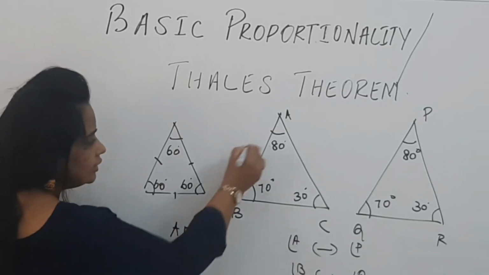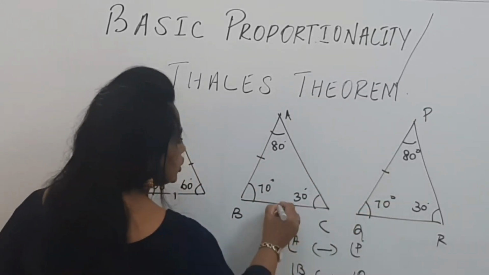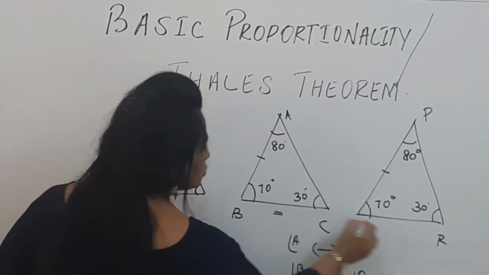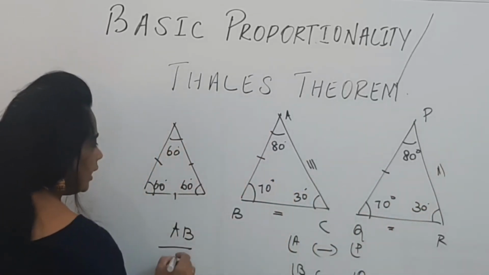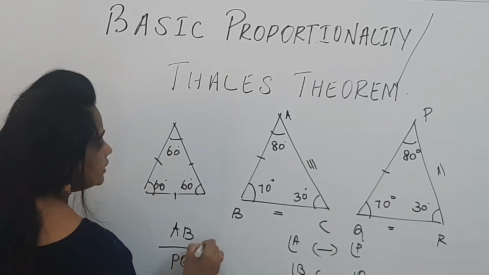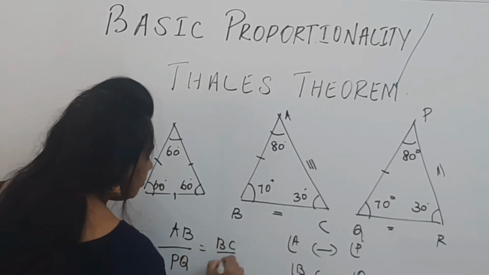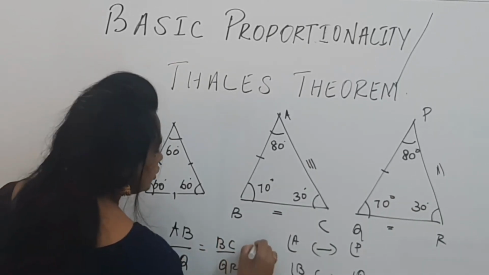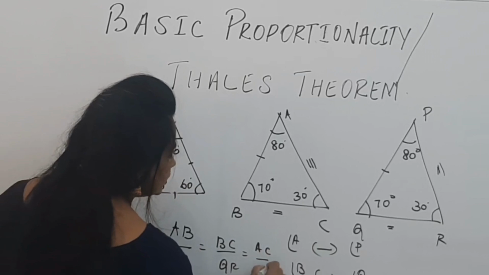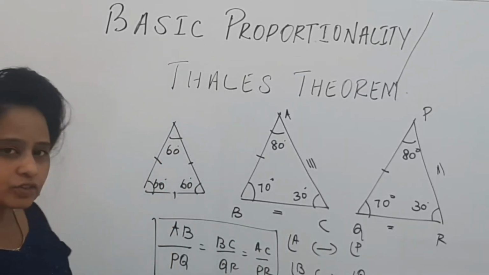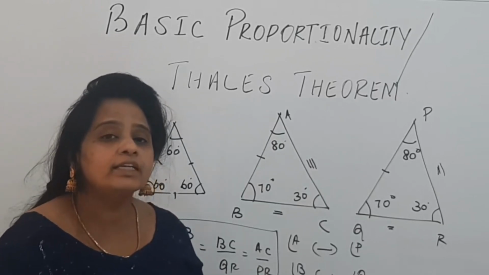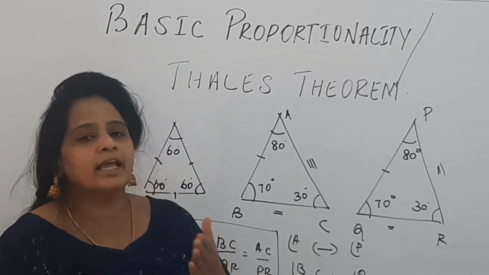AB corresponds to PQ, BC corresponds to QR, and AC corresponds to PR. So AB by PQ is equal to BC by QR is equal to AC by PR. This is what he says: in equiangular triangles, the corresponding sides will be in the same ratio.